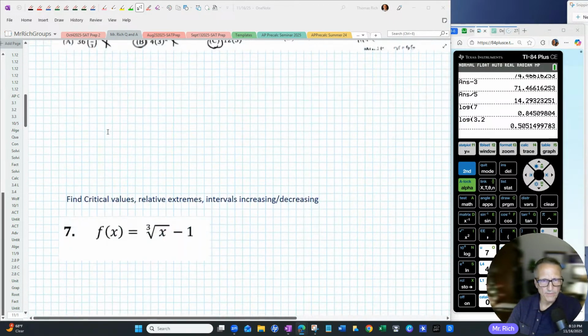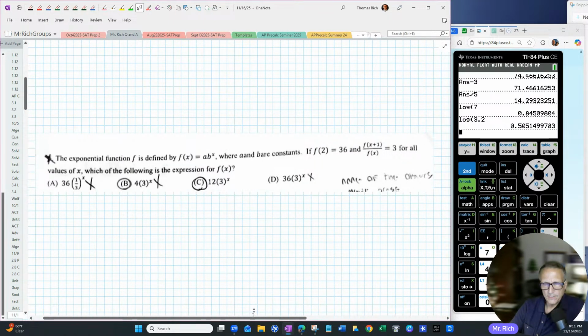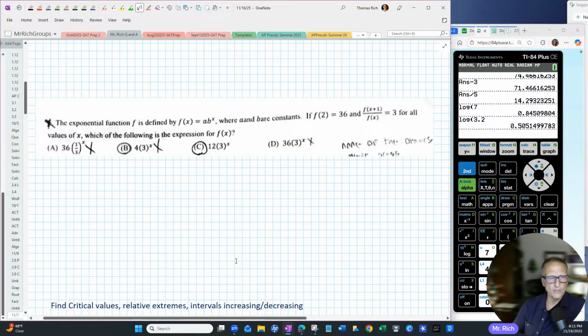The next one that I wanted to go over was a problem that a student had asked me from AP Pre-Calc. This, I believe, was a summative question. It says that the exponential function f is defined by f of x equals a times b raised to the x, where a and b are constants.